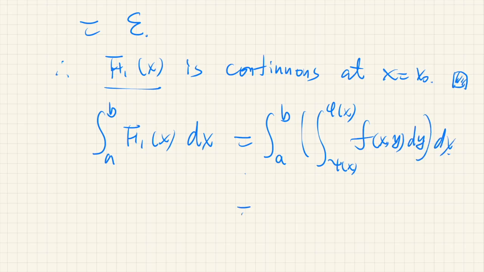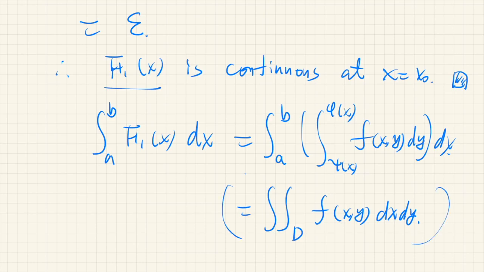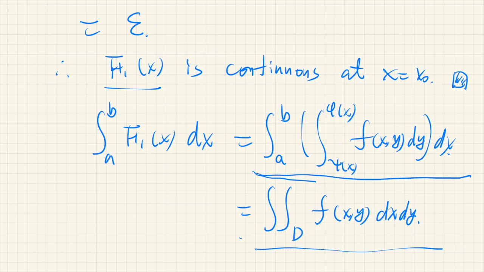And we're going to show that this is actually equal to this double integral. Not yet, but next. Now we show this as a theorem: this double integral is equal to this iterated integral. So let's show that.